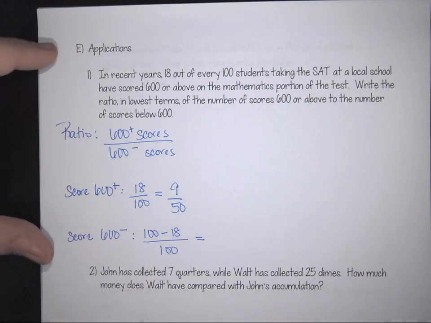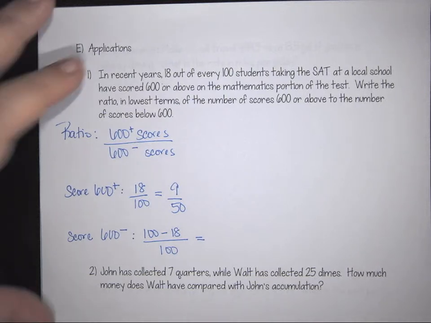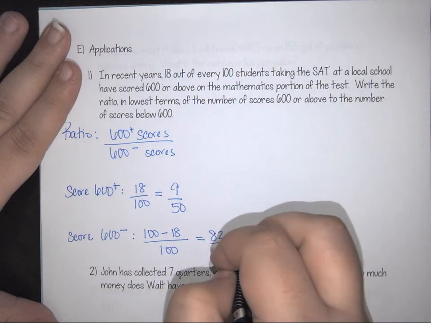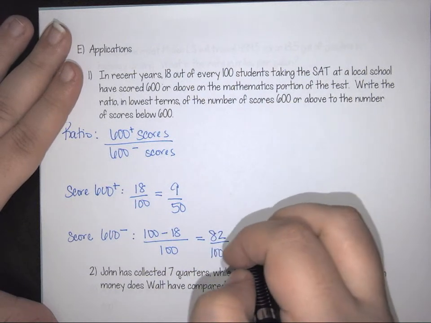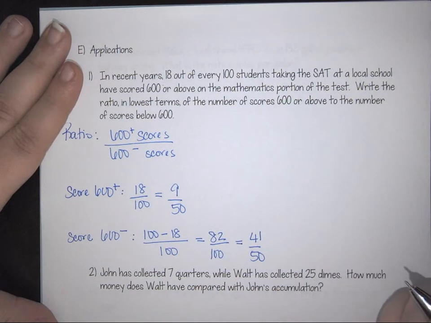So the first thing we're looking at is 100 minus 18, which is going to give me 82. But then I want to reduce that down as well, so divide them both and you get 41 over 50.